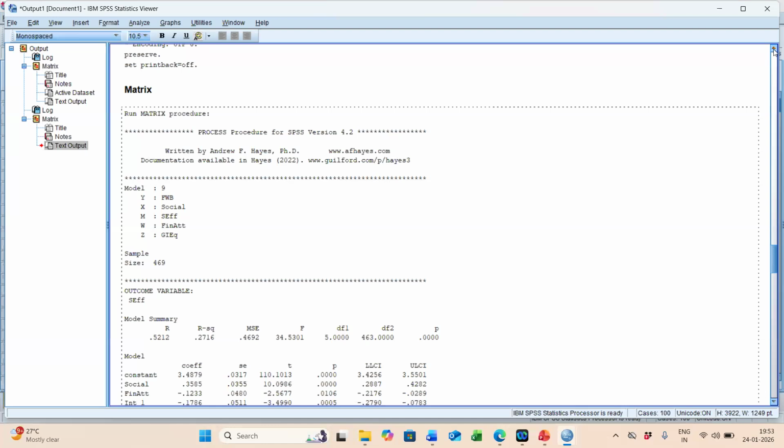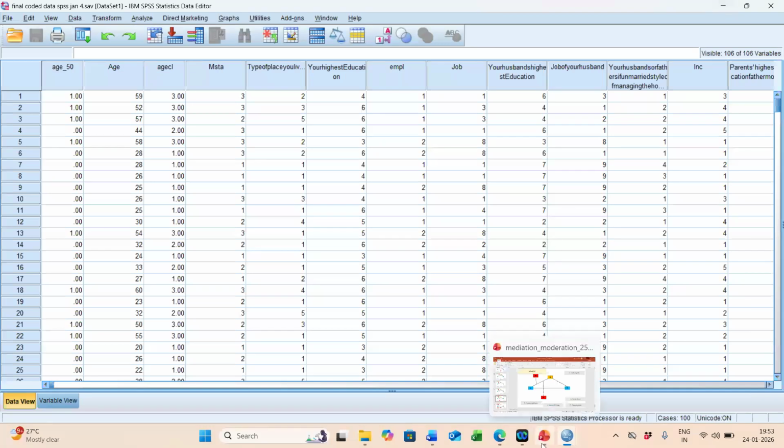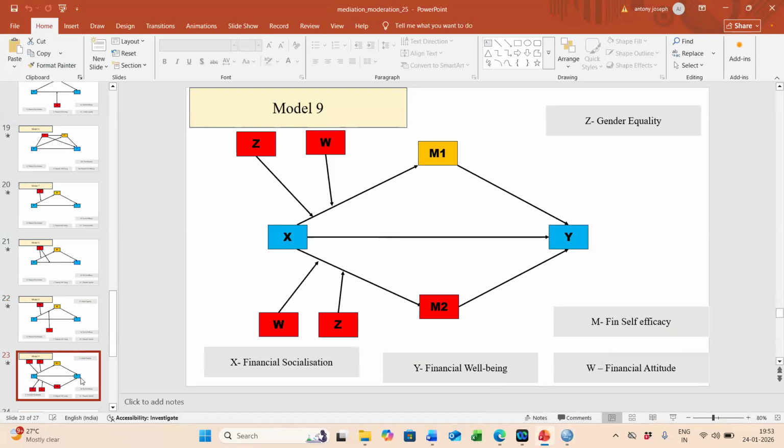Now we have to move on to another model. See, here there are two different mediators and two different moderators.